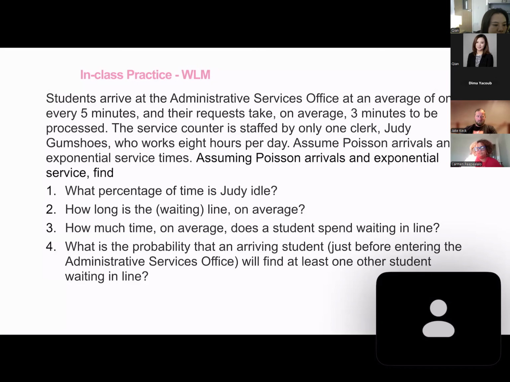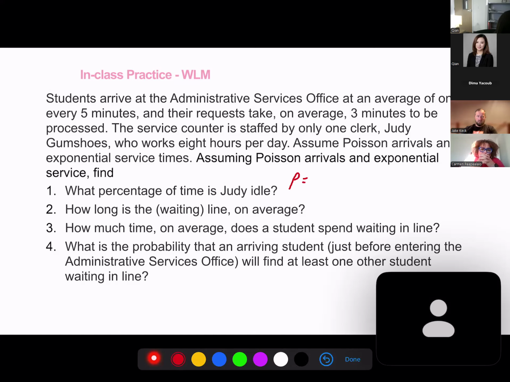If I change the type of question, we know Judy is either idle or busy, and if she's busy it means she's utilized, so this is the utilization. When we talk about utilization, rho equals lambda over mu, so we need to figure out lambda and mu here.